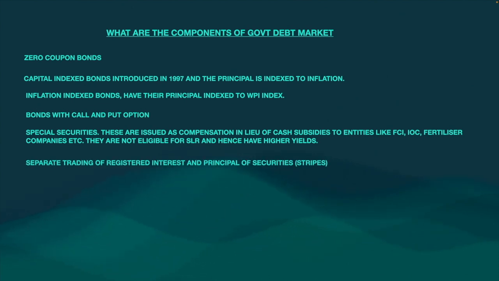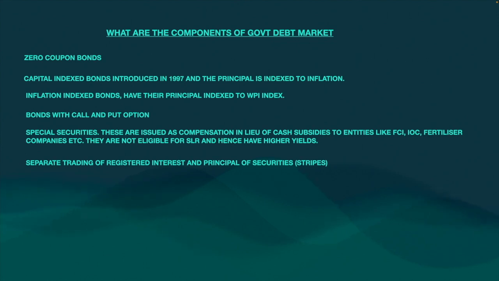Now, there is another platform called separate trading of registered interest and principal of securities. Don't get confused by this long definition. They are going to trade the principal amount and the coupon, the interest part of the bond, separately in an open market.